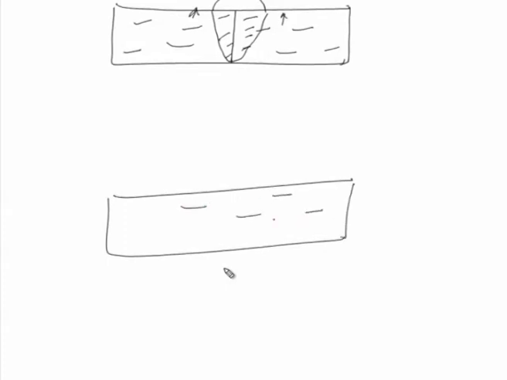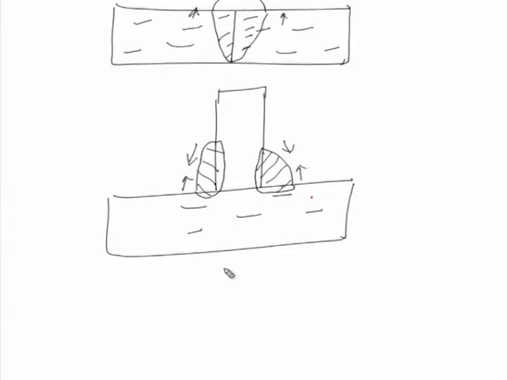Another possible situation is when these lamellars are present like this near the surface layers, and the T joint is developed by making a fillet weld. When the fillet weld is large, especially when the leg length of the fillet weld is greater than 20 mm, a lot of tensile residual stresses are set up due to the shrinkage of this fillet portion, especially in the region close to the fusion boundary, that is this zone.